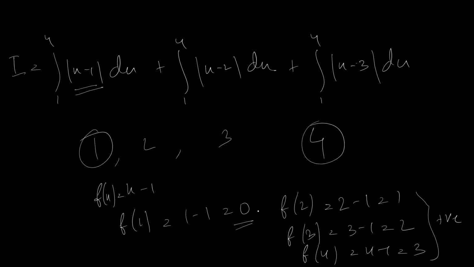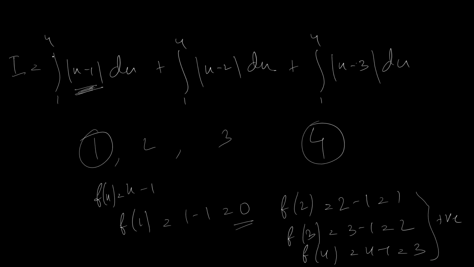Okay, so from this lower limit to upper limit, the value of this function is always positive. We have already discussed that modulus has two values, one negative and one positive.